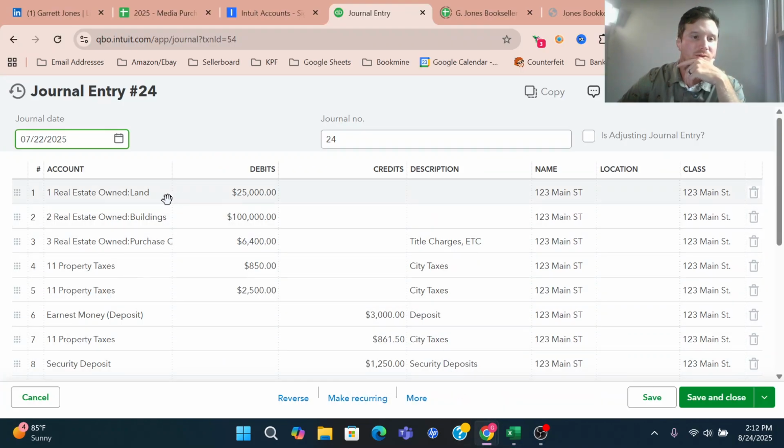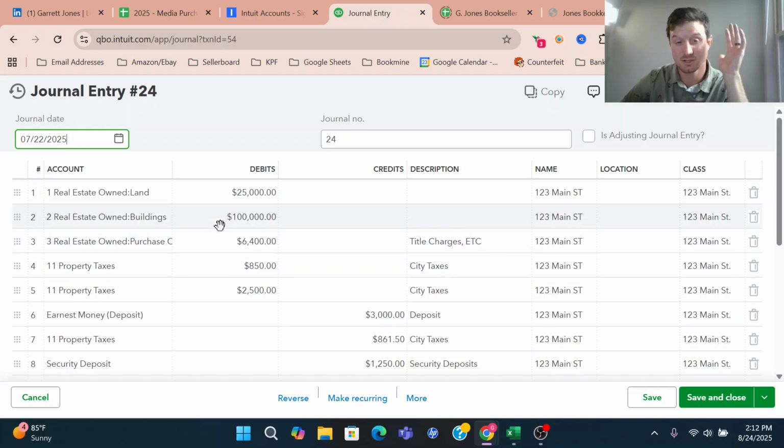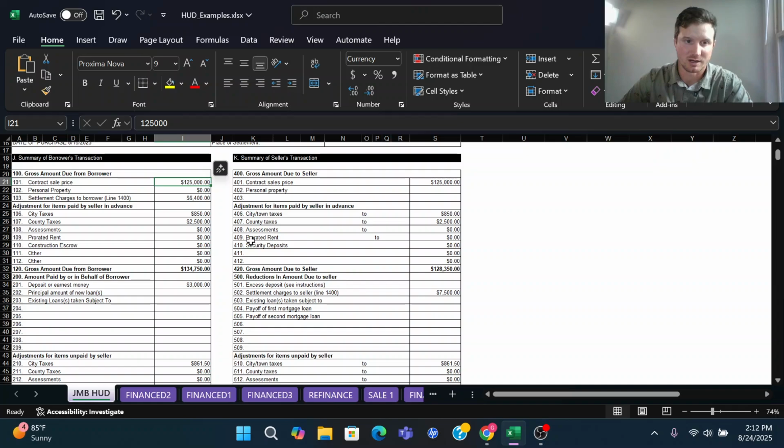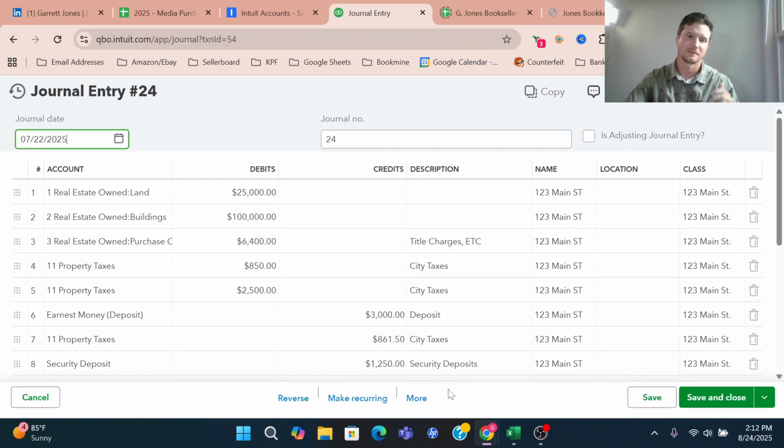Now, we have down here buildings, which is 100,000. I just did this generically. You are actually going to need your CPA to break out what the percentage is. If you've purchased a building and land, you're going to want to split these out into two. Why, you may ask? The main reason is that land does not depreciate.